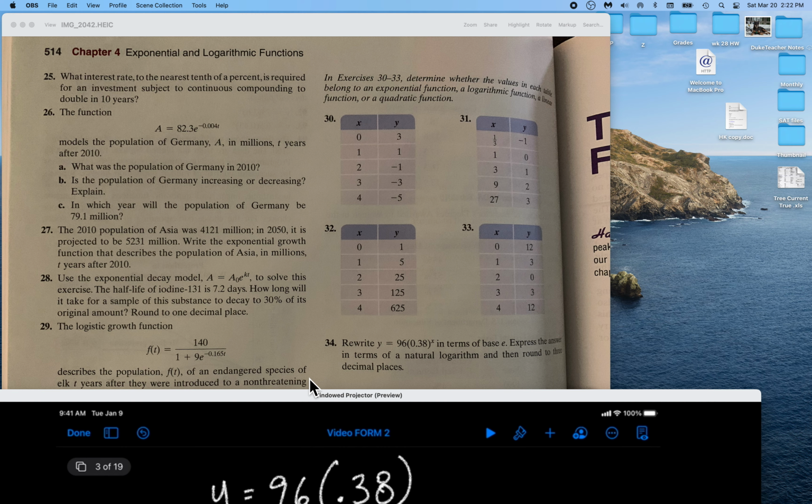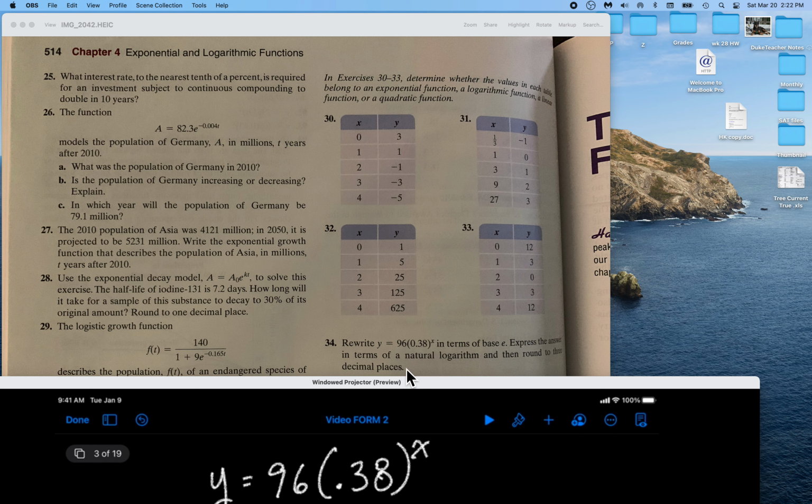And the beauty of videos is that you can just keep rewinding and come back to it. You could stop in the middle, come back at another time. That's what I love about working with videos. Okay, so they want us to rewrite this in terms of the base e.